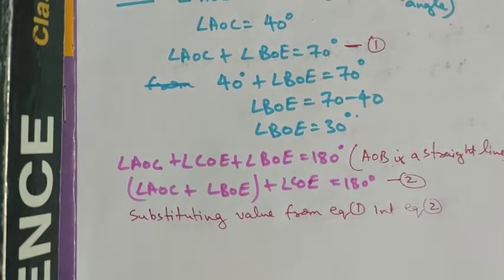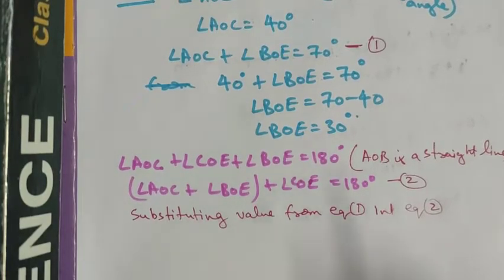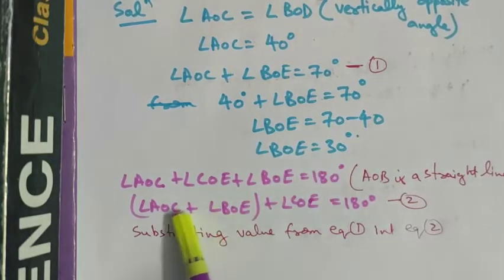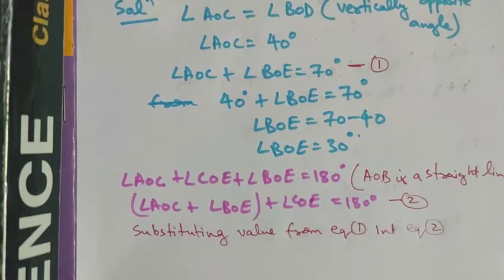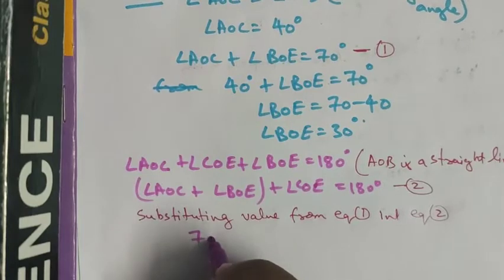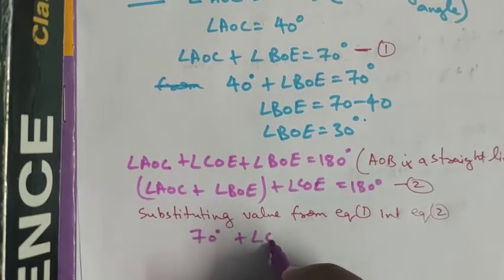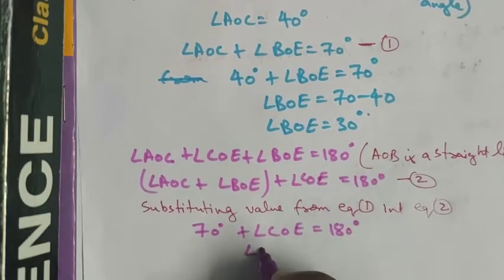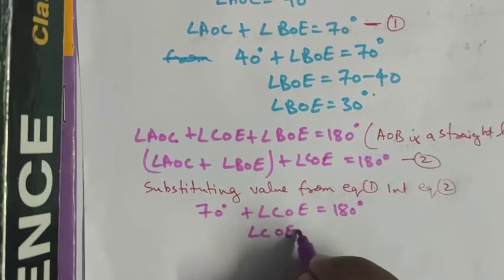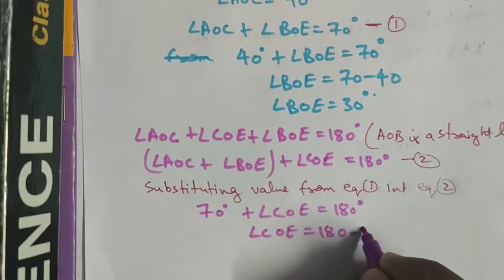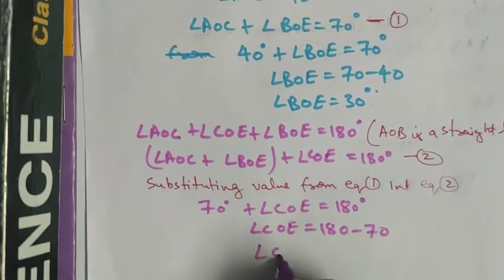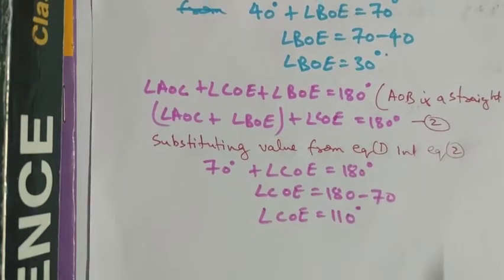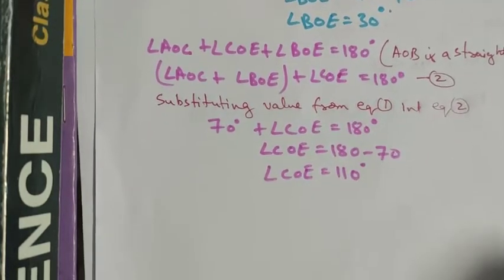Here AOC plus BOE was 70 degrees. So in place of AOC plus BOE we will substitute 70 degrees plus angle COE equals 180 degrees. So angle COE will be equal to 180 minus 70, that is angle COE will be equal to 110 degrees. But we need to calculate the reflex of the angle COE.